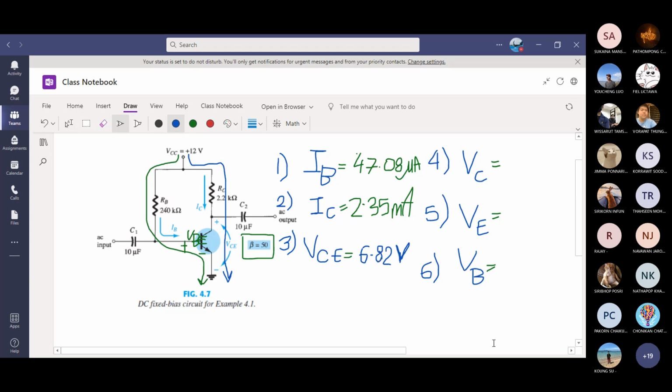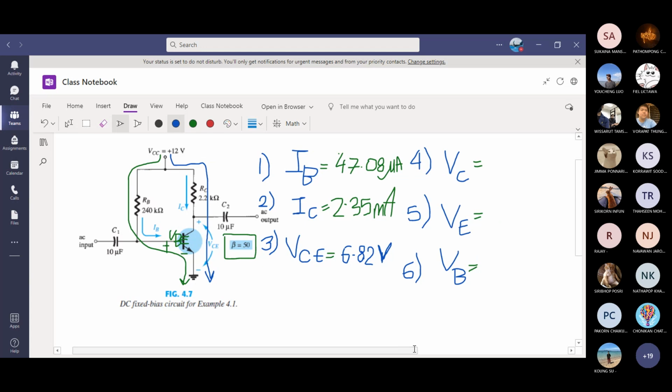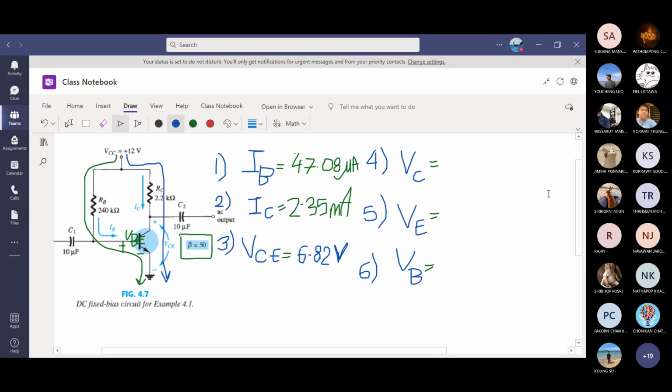Shishihan, you are number 4 on the list. Can you find VC in this circuit? VC equals VCE. Yes, VC equals VCE. VC is the point exactly here. It is the voltage drop, VCC minus IC RC. That's VC.